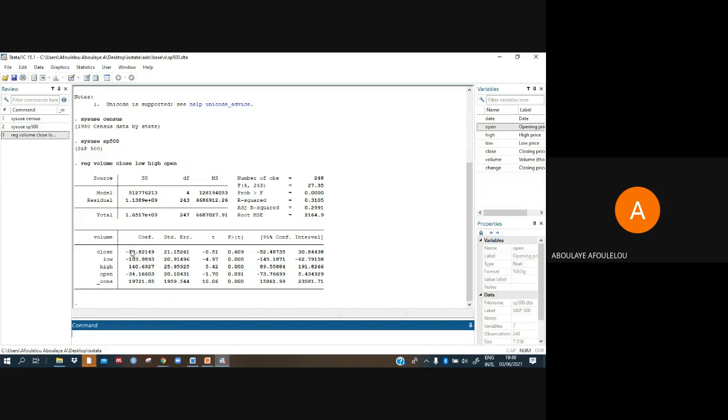Okay, the coefficients explain the correlation between the independent variable and the dependent variable. Here we have to see first the sign. If the sign is negative, the correlation or the relationship is negative.